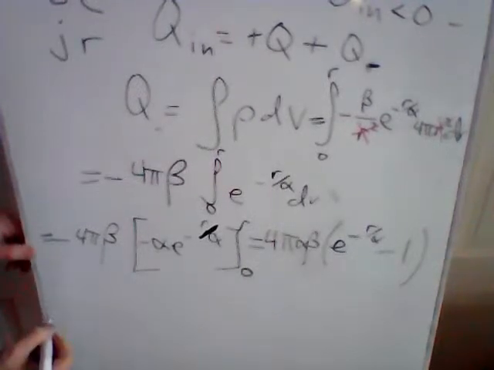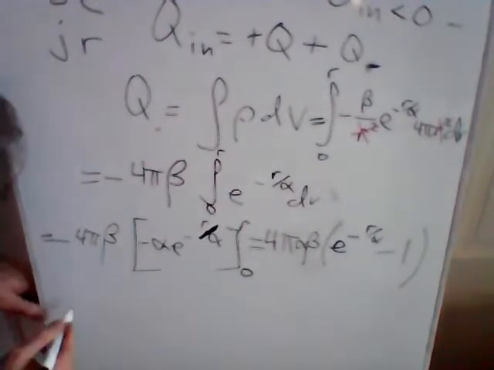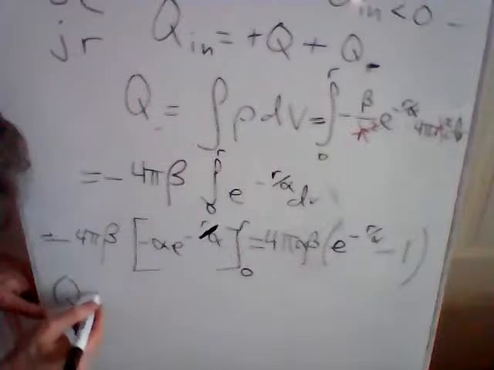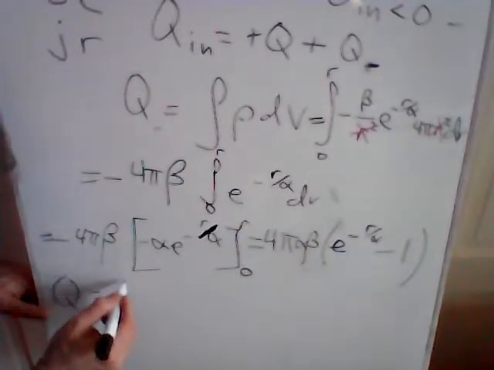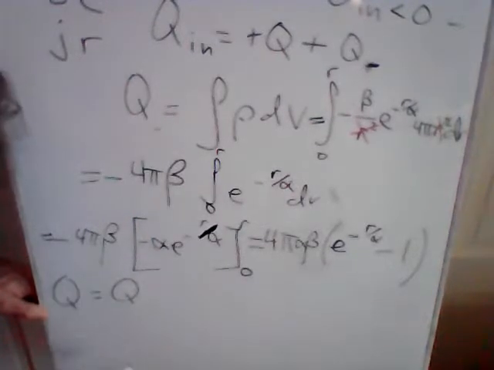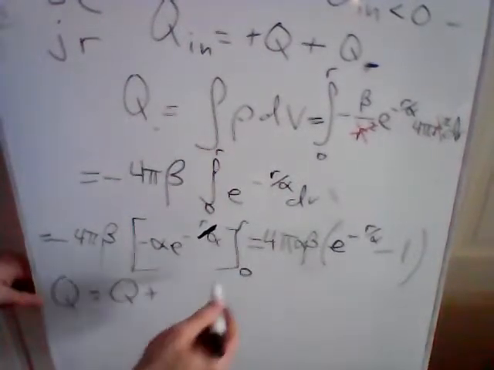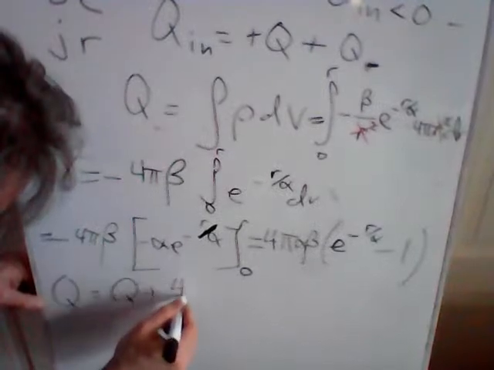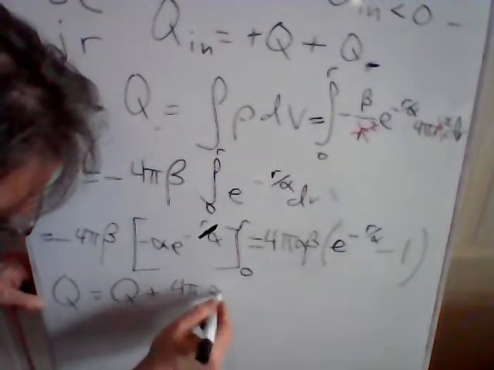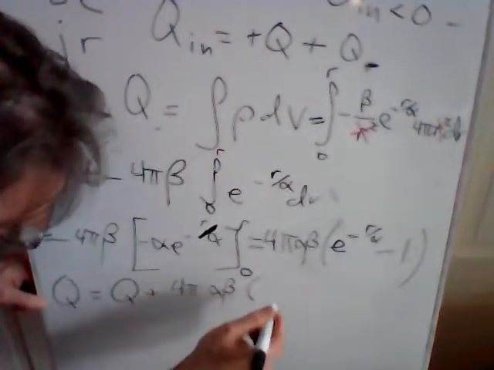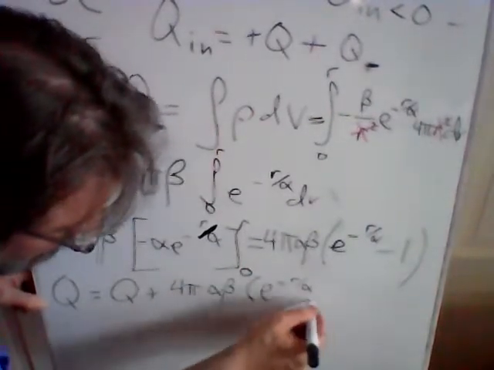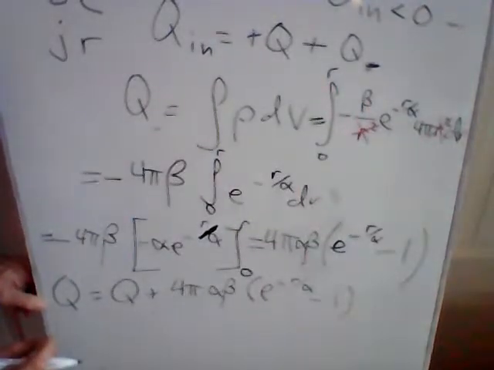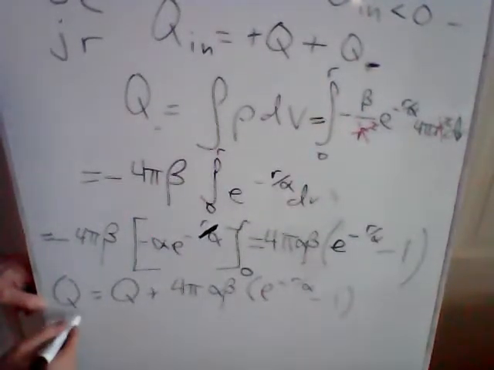So Q total at some radius R is equal to plus Q plus this mess, 4 pi alpha beta e to the minus R over alpha minus 1.